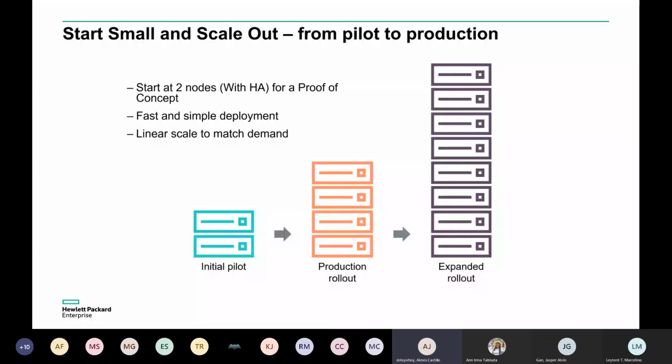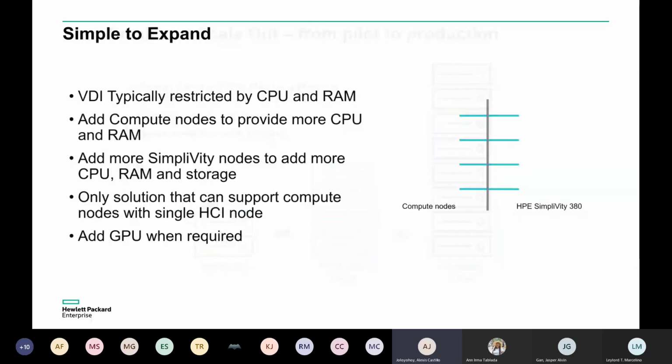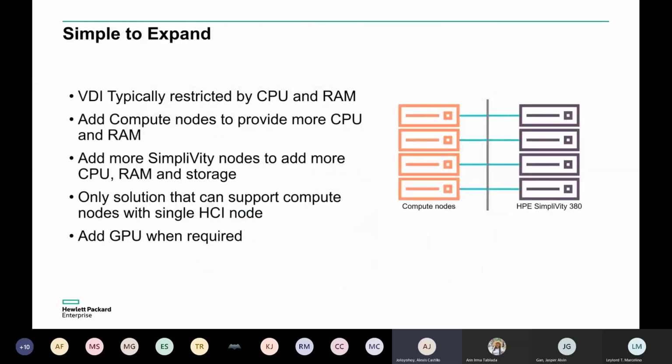We can add not only per node, but if you require only computing power, we can just add compute nodes in order to have a cost-effective solution. We can scale out and scale in. We can add SimpliVity nodes in terms of CPU and storage. And if you have a designer or a power user, we can add GPU to accelerate the graphics performance.